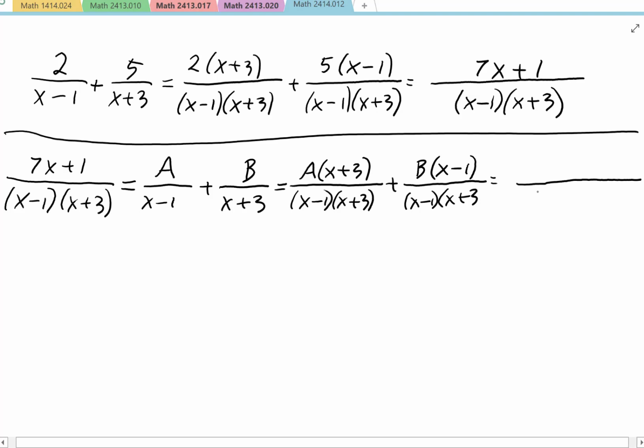Now we can combine them and put them over the same denominator. And in the numerator I get a times x plus 3 plus b times x minus 1.